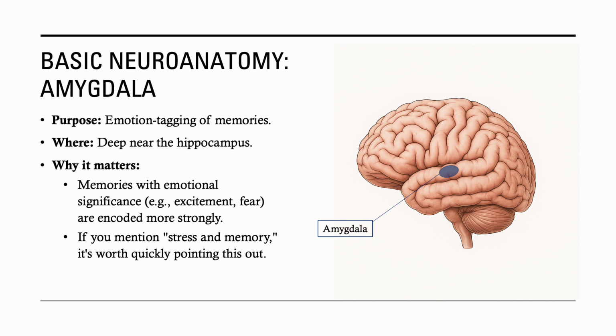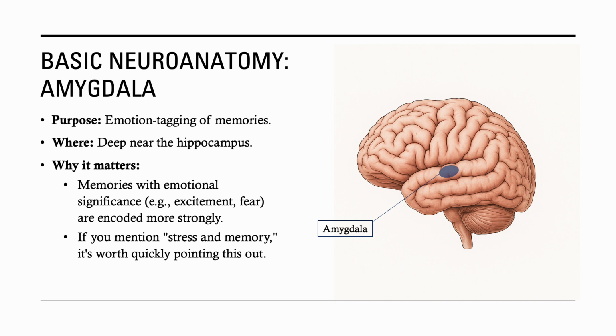So not every moment feels the same. I guess when it comes to learning, some of those learning moments stick with us because they were more than just facts. It made us feel something, and I think that's where the amygdala comes in. The amygdala is kind of like the brain's emotional alarm system.